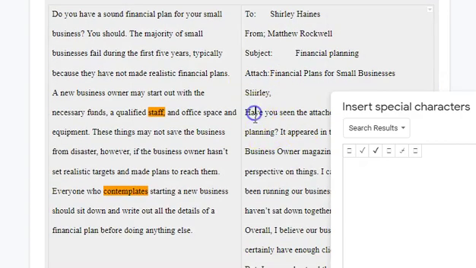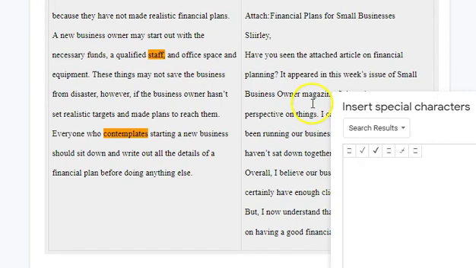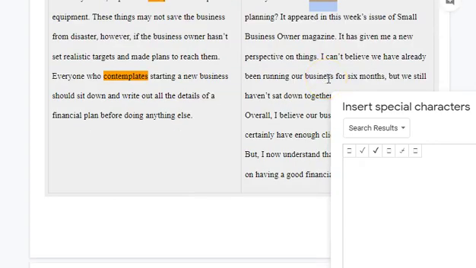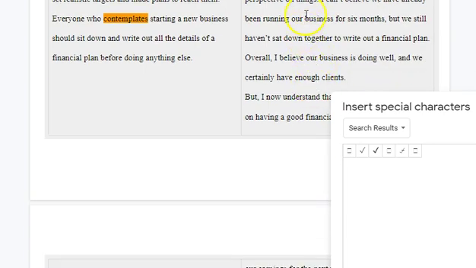Have you seen the attached article on financial planning? It appeared in this week's issue of Small Business Owner magazine. It has given me a new perspective on things. I can't believe we have already been running our business for 6 months, but we still haven't sat down together to write out a financial plan.